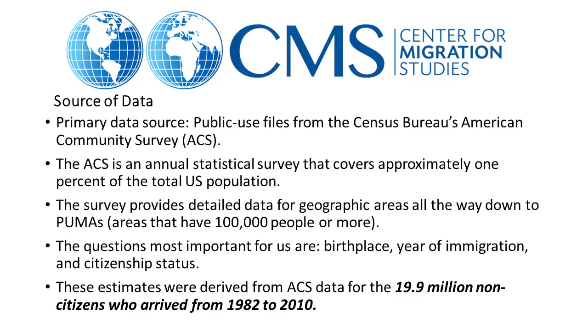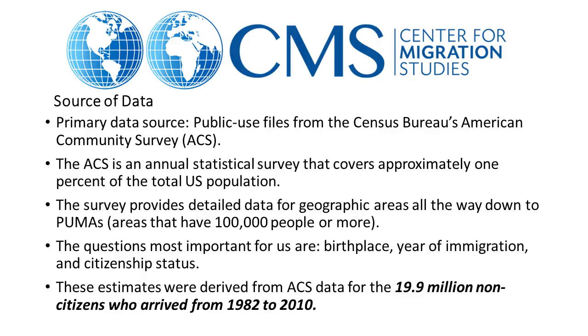So the survey provides detailed data for geographic areas all the way down to, as Don said, to Pumas, areas that have 100,000 people or more. The questions from the survey that are important to us are birthplace, or country of birth, year of immigration, and citizenship status. That is, have they become U.S. citizens?